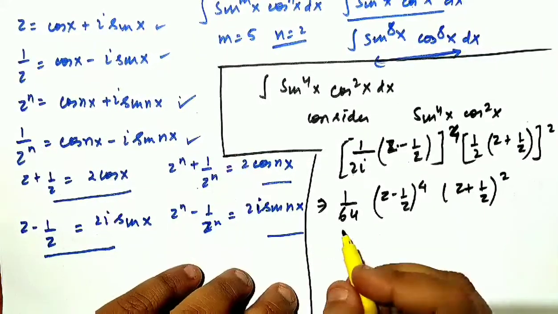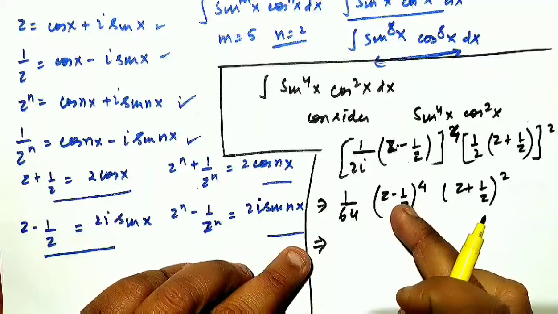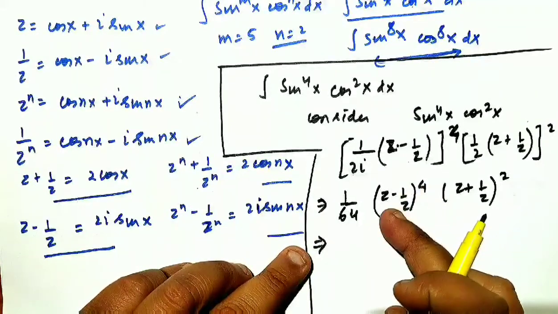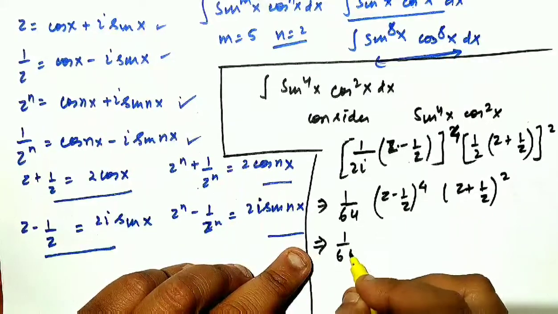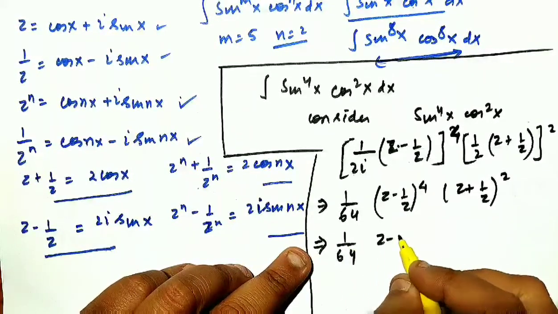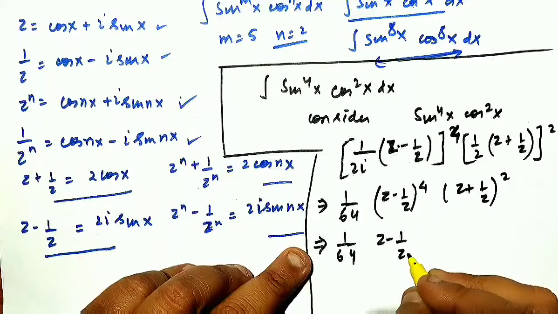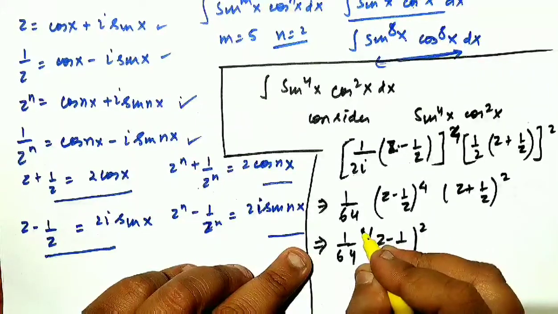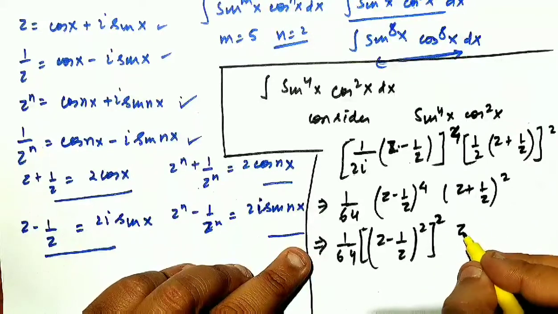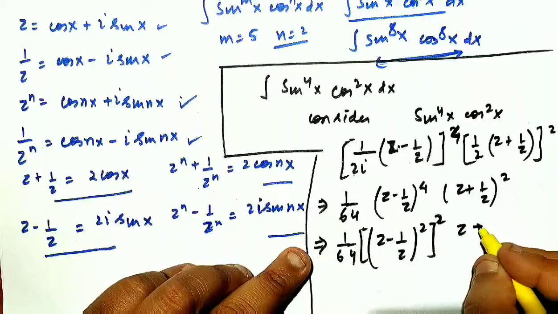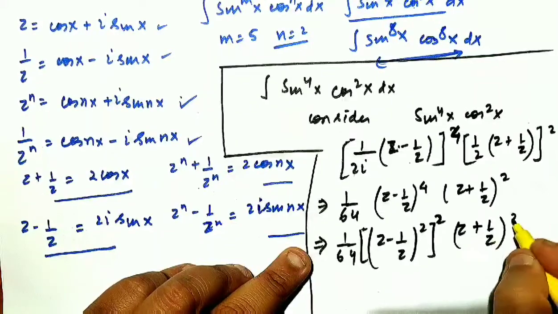Since it is sin x to the power 4, we will distribute into squares. How? This will be 1 by 64 and z minus 1 over z. So try to look very carefully at how the DeMoivre theorem is used. And this will be z plus 1 over z whole square.